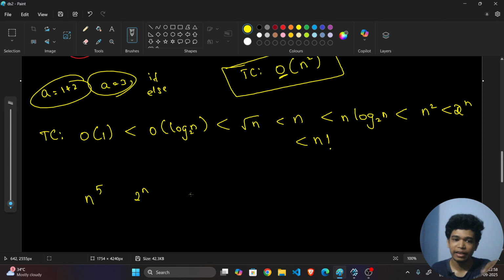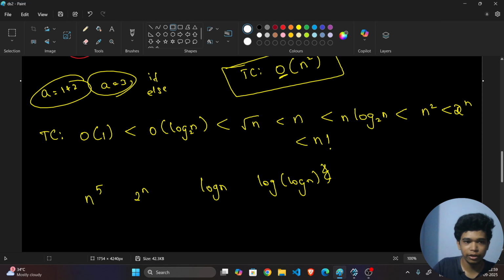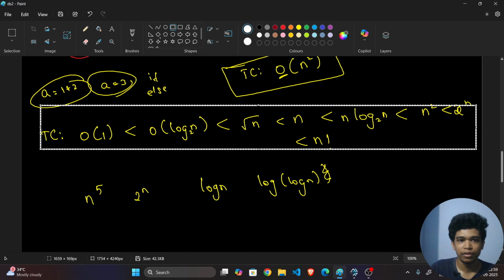So in critical scenarios like whether log n or log of log n is smaller, I will be taking some exponential or logarithmic activities so that I can tell you which one is smaller. These will not be covered in this data structure playlist, but will be covered in the algorithm playlist. I will be creating that soon, but now it is not necessary, and this thing is going to be much more important. This order, remember this. Try to remember this order. Okay, this is going to be crucial.